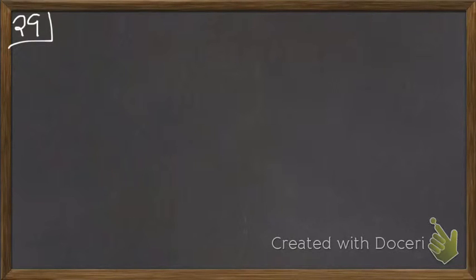Number 29 says that Jerry was jogging with her friend Josie and talking about how fast she could jog.